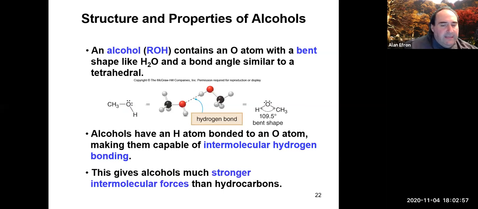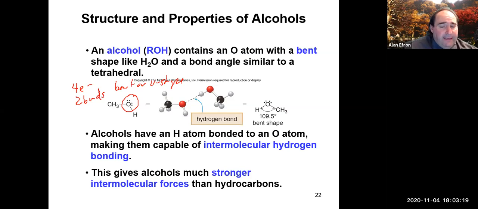Alcohols, because they contain that OH group, pretty much have 4 electron pairs, 2 bonds, and that bent or V shape to it. That's that 109.5 degree shape that we talked about with bonding.